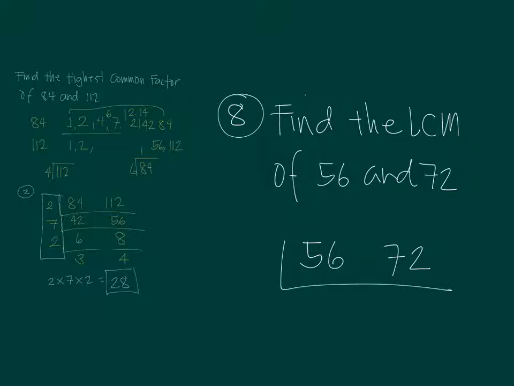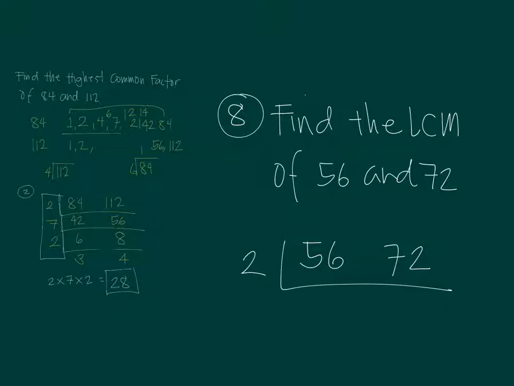We identify divisors of 56 and 72. What number can divide 56 and 72? 2. 56 by 2 is 28.